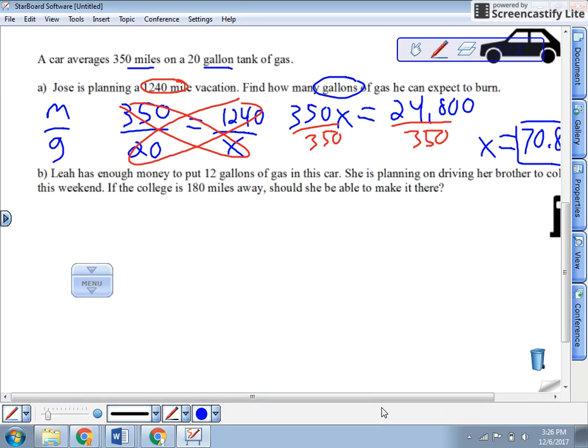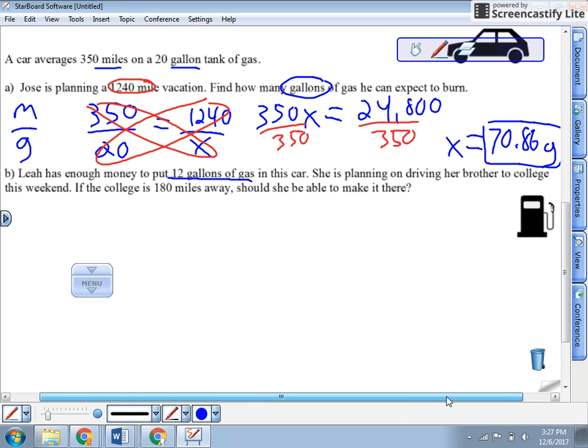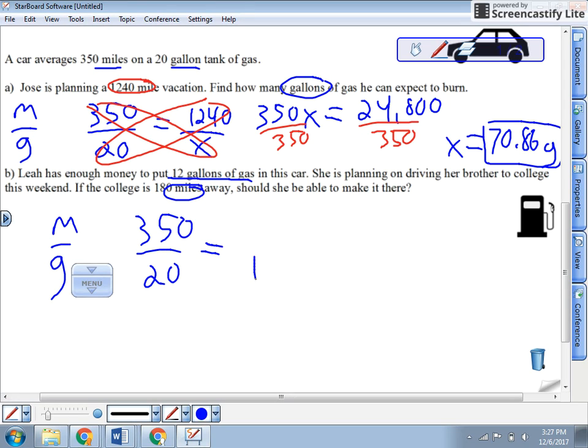Now, same problem. Leah has enough money to put 12 gallons of gas in the tank. She's planning to drive her brother to college this weekend. If the college is 180 miles away, should she be able to make it there? We're trying to figure out how many miles she can go on 12 gallons. So we use that same proportion, miles to gallons, 350 over 20. Now she has 12 gallons.